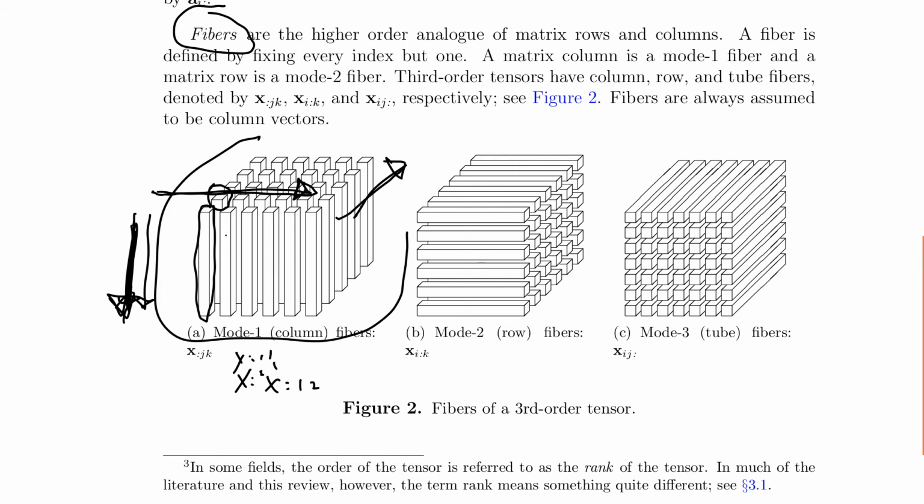I stick the second fiber at the end, and then the third fiber sticks to the end of the second fiber. Okay, the drawing is pretty bad. And this one will stick to here. So if the original tensor is, say, 10 by 10 by 10, then ultimately it will become a vector of length 10 times 10 times 10, which is 1,000. So this is vectorizing a tensor.